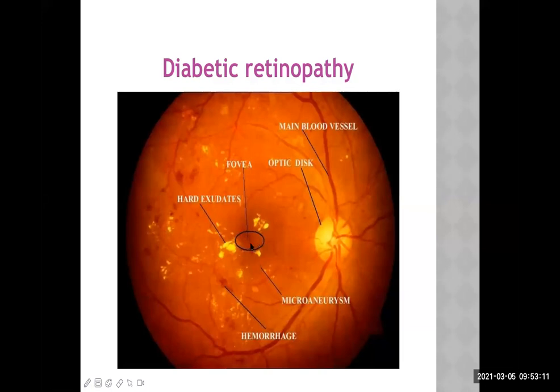If this area is edematous, okay, or involved, or if bleeding occurs here, for example, or some abnormal thing occurs here, the person will lose the vision. These are hard exudates, or proteinous substance which has leaked. These are hemorrhagic dots, okay, and these are microaneurysms. You have to see very carefully here. So these are the different components of diabetic retinopathy.